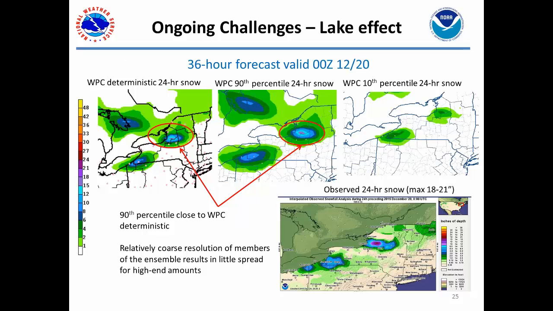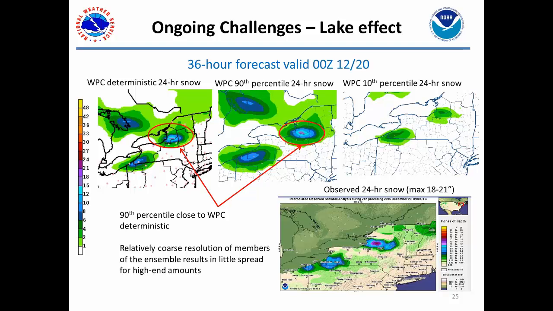We do face some ongoing challenges with our approach. One major challenge is accurately resolving small-scale features such as lake effect snow. The map on the top left here shows our WPC deterministic 24-hour snow forecast, while the figure on the right shows our 90th percentile 24-hour snow forecast. And you can see in this case, our deterministic forecast is very close to the 90th percentile.